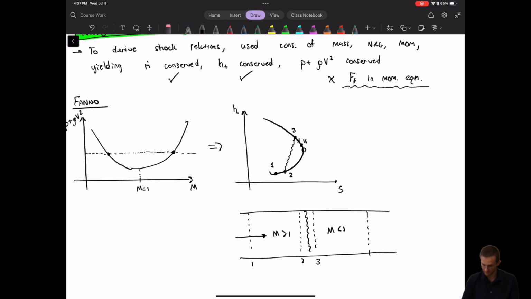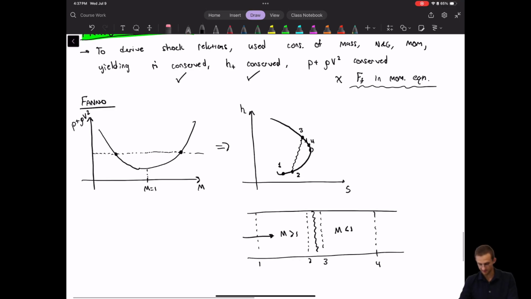Here we have state 4. Okay, but the point that it's jumping to on the Fanno line is determined by this conservation law for shock relations, where P plus rho V squared must be conserved across the shock. Okay, so that's the way a shock proceeds on the Fanno diagram.